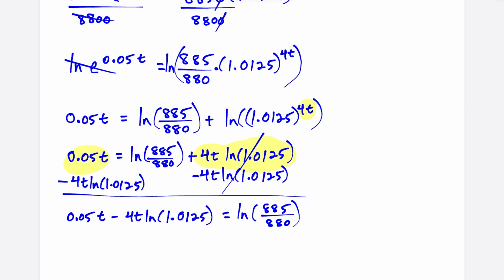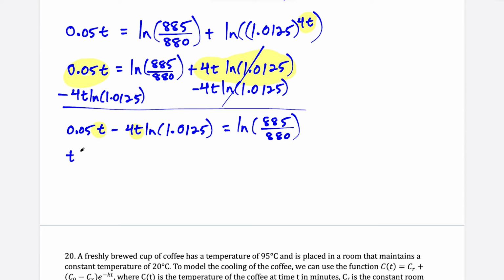From here, notice that we have a common factor of t, so I could factor this out. We have t times 0.05 minus 4 times natural log of 1.0125. Notice that t was the only factor brought out, so I'm leaving the 4 and the natural log behind. Then I close the parentheses, and this equals natural log of 885 over 880.